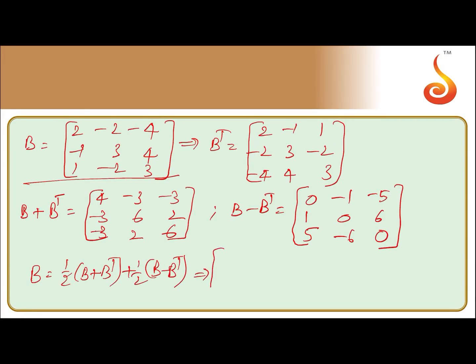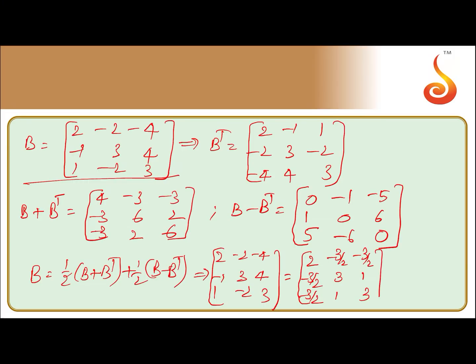So the given matrix, 2, minus 2, minus 4, minus 1, 3, 4, 1, minus 2, 3, can be expressed as half of (B plus B transpose), which is 2, minus 3 by 2, minus 3 by 2, minus 3 by 2, 3 and 1, minus 3 by 2, 1 and 3, plus half of (B minus B transpose): 0, minus 1 by 2, minus 5 by 2, half 0, 3, 5 by 2, minus 3, 0.